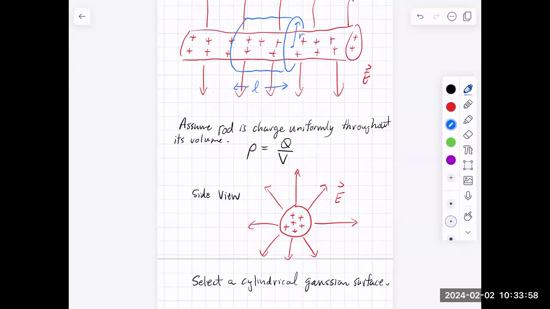Then what we have to recognize is that our cylindrical surface has three parts. It has two end pieces, and then it has the curved surface. And over here, it would look something like this. Here's our radius R. What would the flux through either the left or right-hand side piece be?